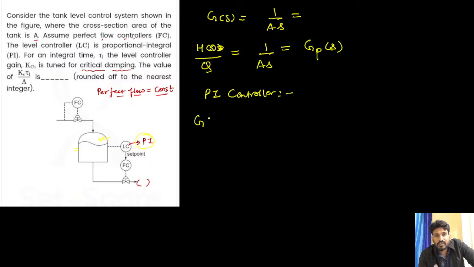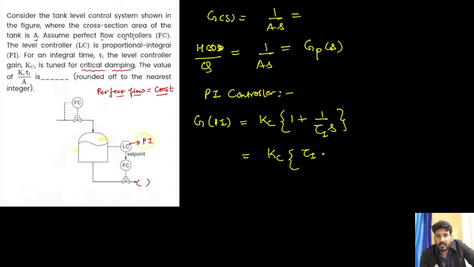So the transfer function of the PI is equal to Kc into 1 plus 1 divided by tau I s. I think this is the transfer function for the PI controller, if I'm not wrong. ठीक है, प्लीज लेट मी नो, बिकॉज मुझे फॉर्मूलाज ध्यान नहीं रहते. अगर कोई गलती है तो प्लीज मुझे बताएं. It is my Kc into (tau I s plus 1) divided by tau I s.